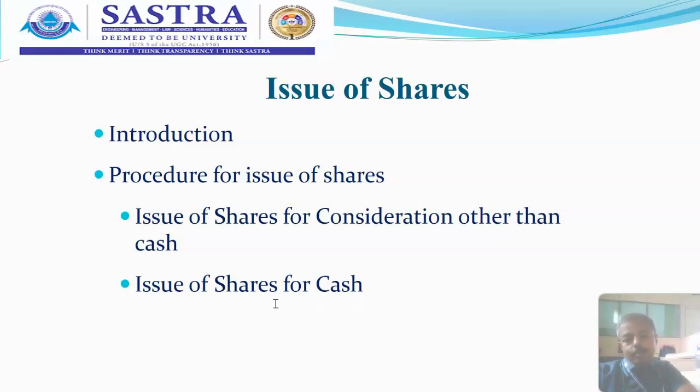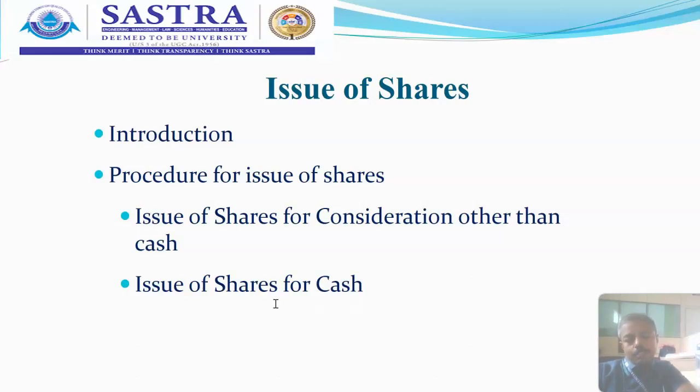So whatever the call money is called, final or second due calls, the same journal entry needs to be passed. Please understand the reason behind each journal entry, why it has to be debited and why others have to be credited, with the reasons whatever I explained.